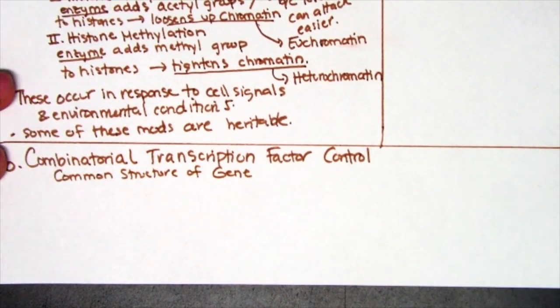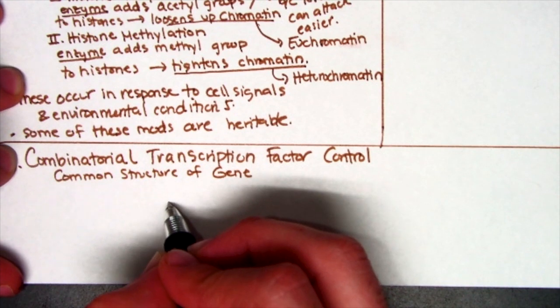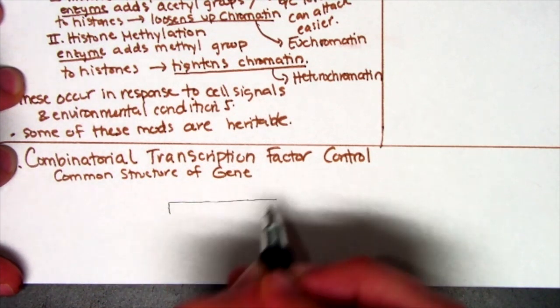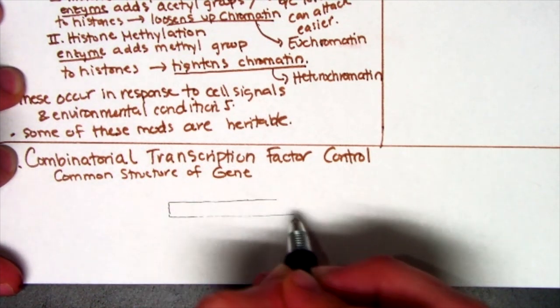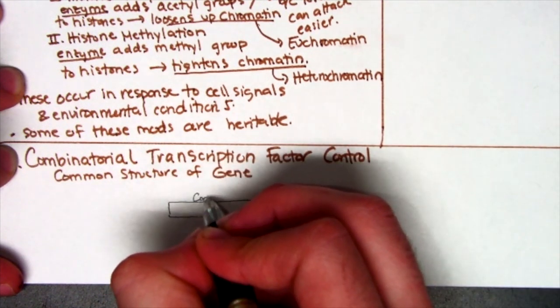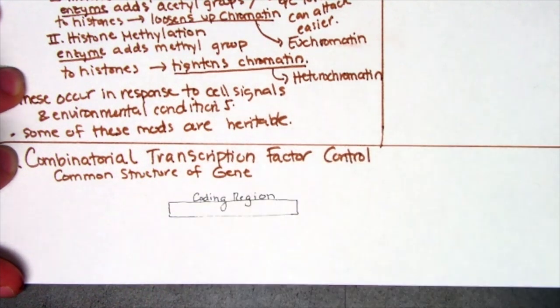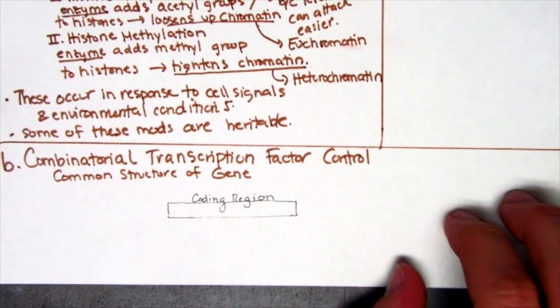So the first element, let's start with what we're familiar with. This right here is the coding region of our gene.